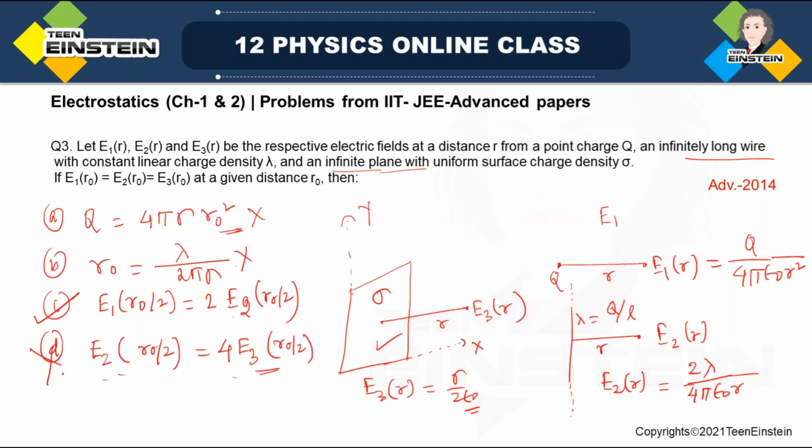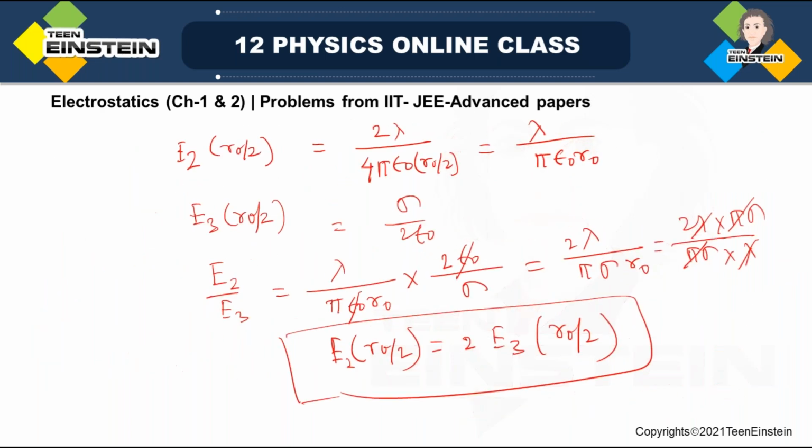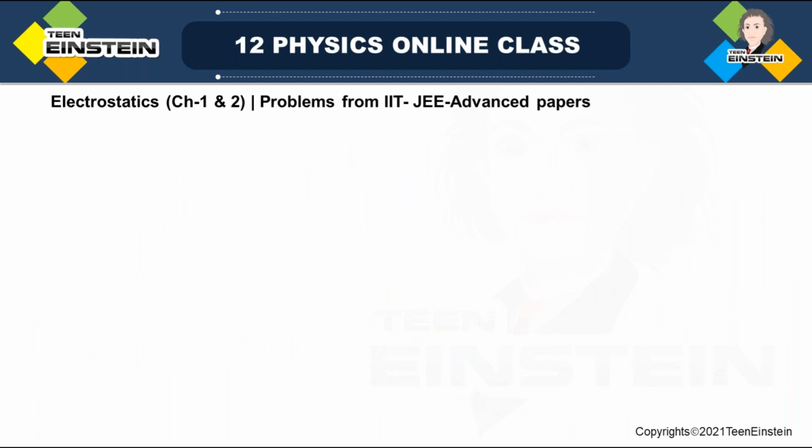Now we'll go for one more problem. The problem says 3 identical capacitors. This is from JEE Advanced paper 2018, which we are going to solve now.